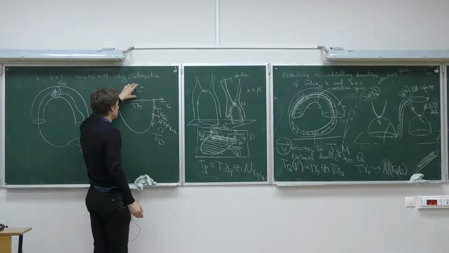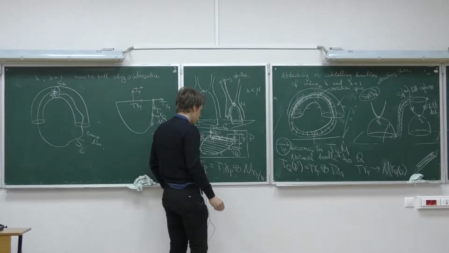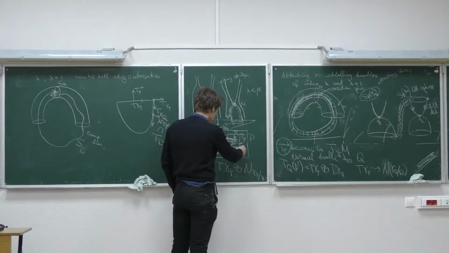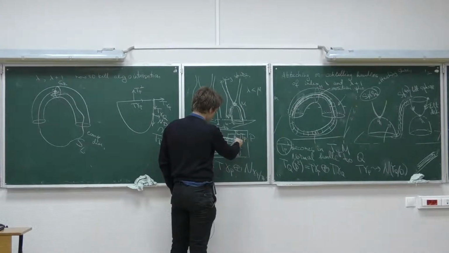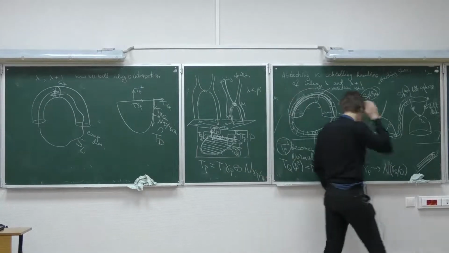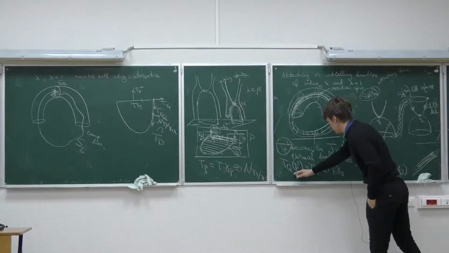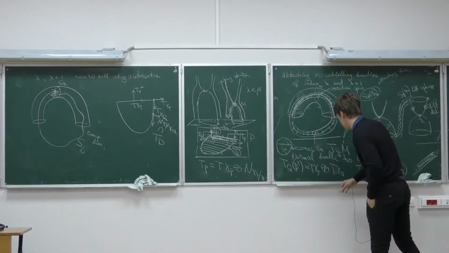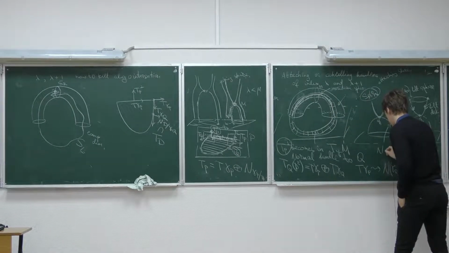So just with the corresponding curve gamma, the tangent space of Q, so you have the normal space now to Q.